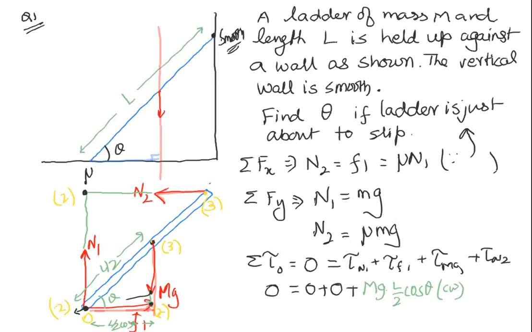So then this torque is going to be the magnitude of this vector multiplied by this distance. You drop a perpendicular onto the extended force vector, it has to be the distance multiplied by magnitude of the force.